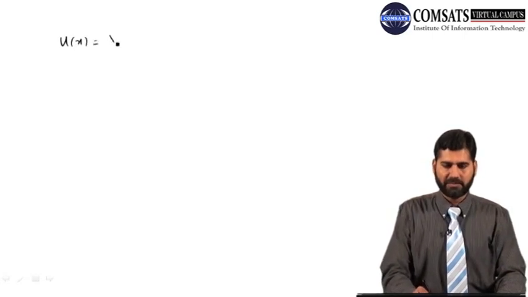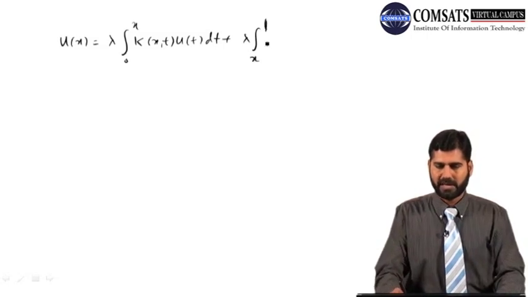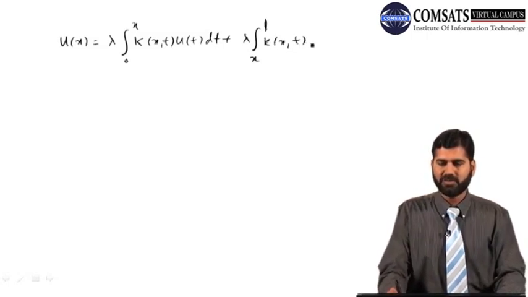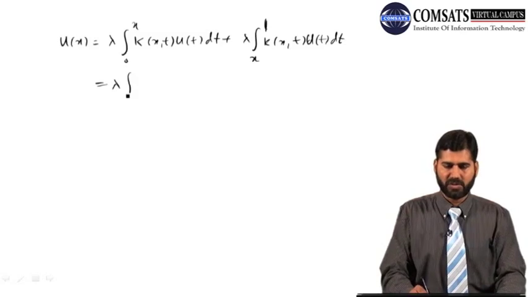All right. So if we proceed as before, you can write u(x) is equal to lambda integral 0 to x K(x,t) u(t) dt plus lambda integral x to 1 K(x,t) dt, right? So we need to do this because our kernel is defined in these two intervals separately. All right. So here it's 0 to x.